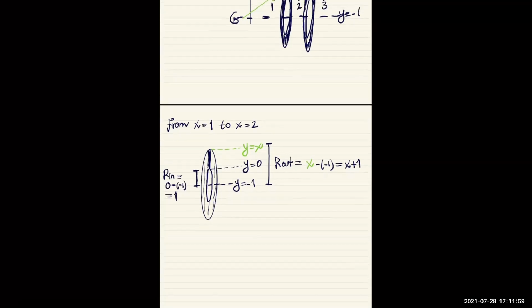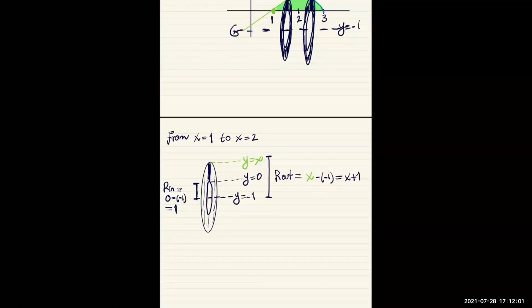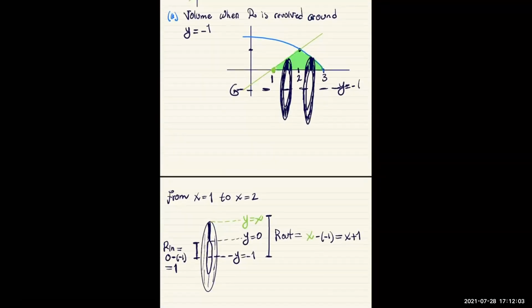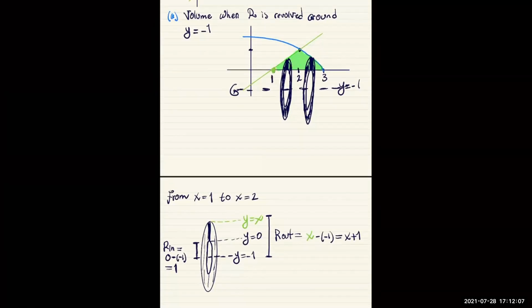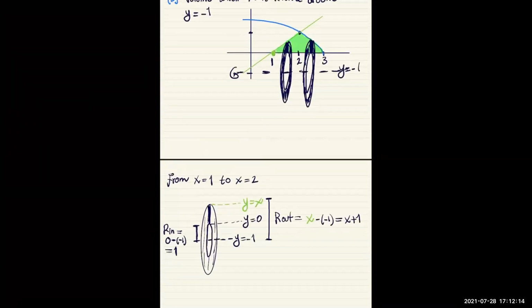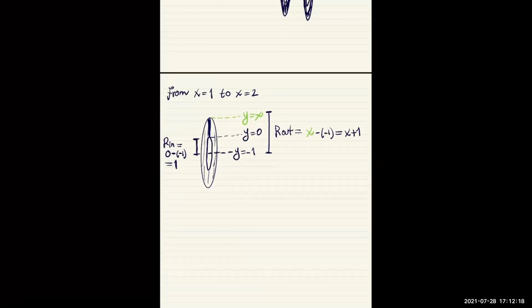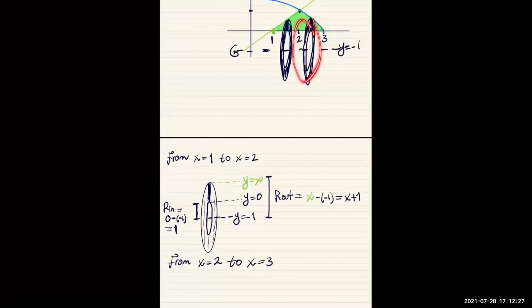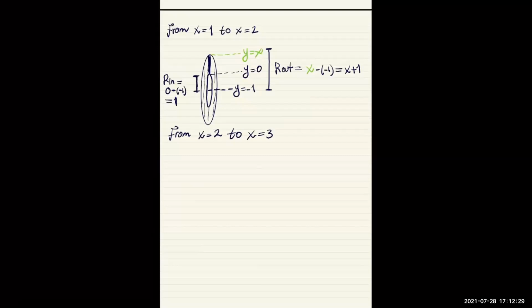So we have enough to calculate the volume of the solid from 1 to 2. Let's also look at what's happening from 2 to 3, where the washers are different. I'll be drawing the next washer.